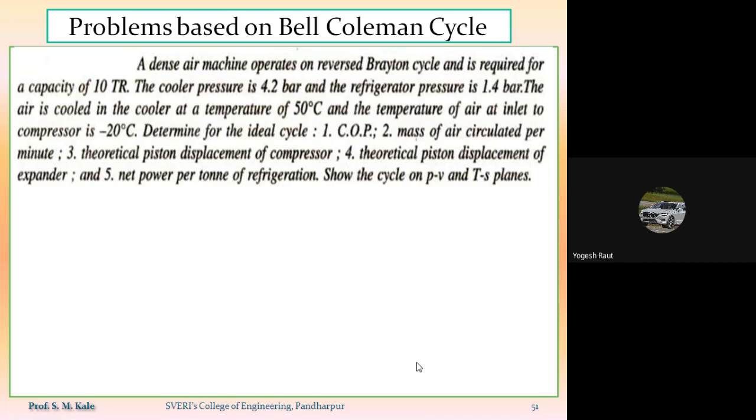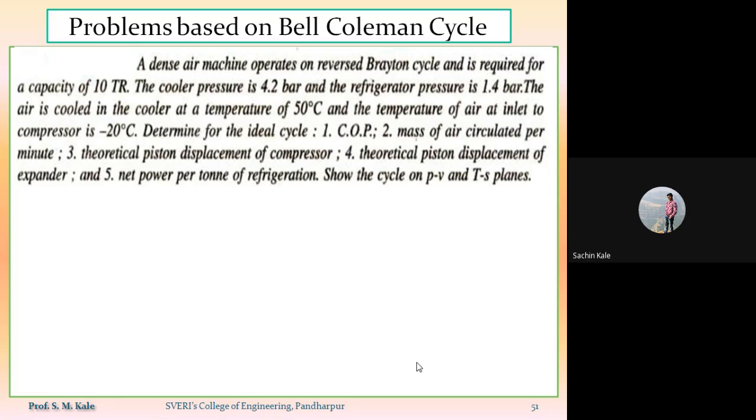The air is cooled in the cooler at temperature 50 degree Celsius and temperature of air at inlet to compressor is minus 20 degree Celsius. Determine the ideal cycle.